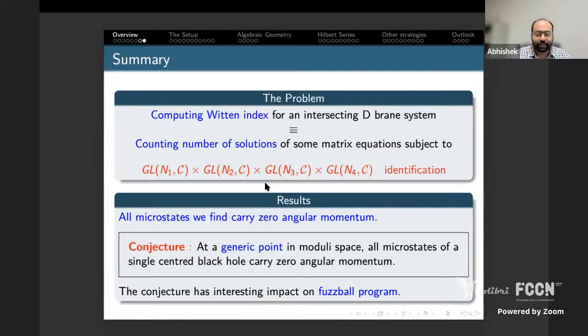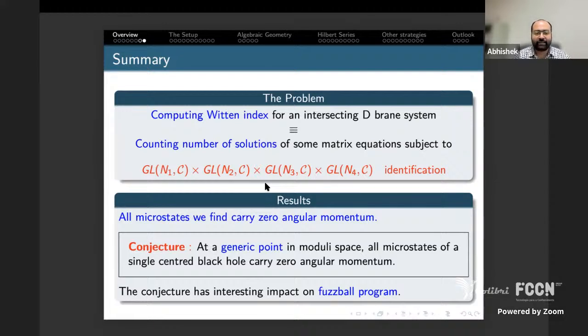But here we are exactly getting the number of microstates that you need. So there is no cancellation of bosonic or fermionic degrees of freedom here. The states here are all either bosonic or fermionic, whichever way you want to label it. Let's say I label it as bosonic. So all the states are bosonic here, and this number of states is actually the number of microstates.